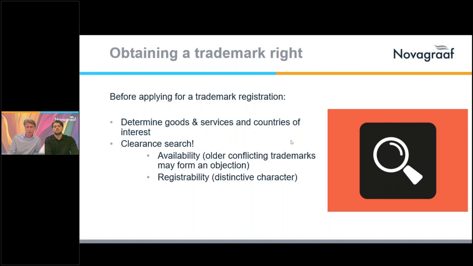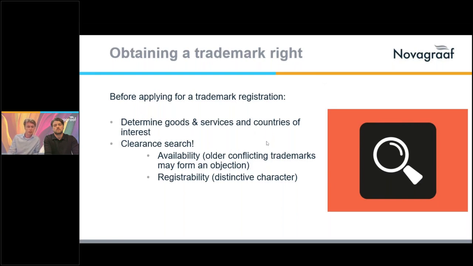Therefore, it is also very important to conduct a clearance search before using or registering your trademark to see whether the mark is available and registrable. This is something we do regularly for our clients. We go through the trademark registers of interest, and with our expertise, we will look at all the potential conflicting trademark registrations and advise whether or not we should proceed with this trademark.